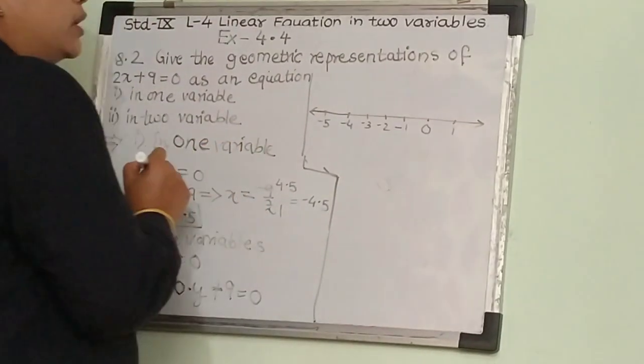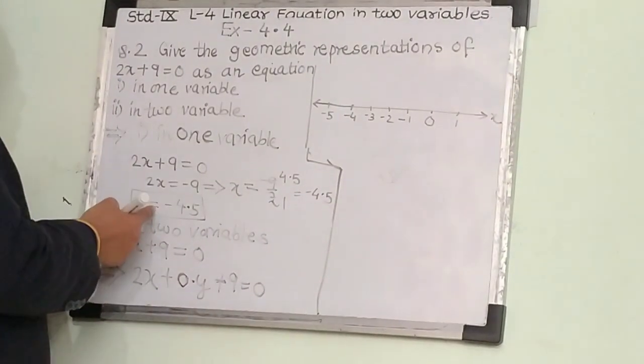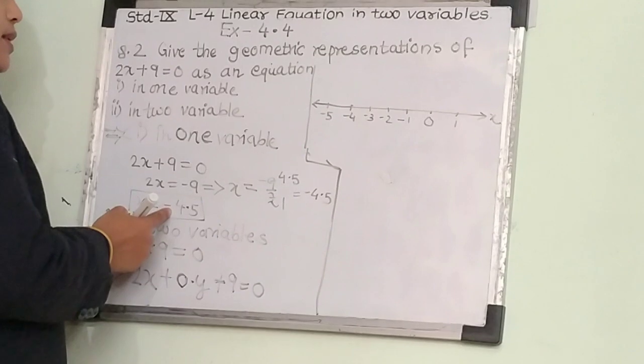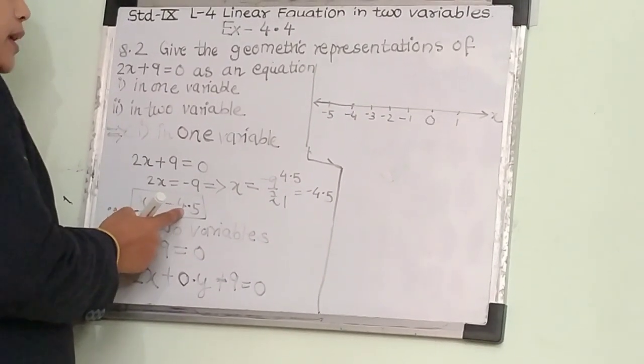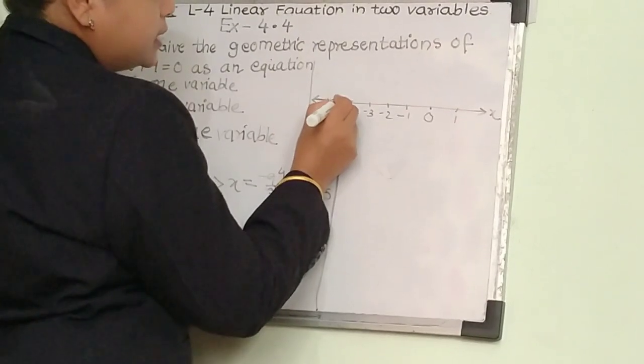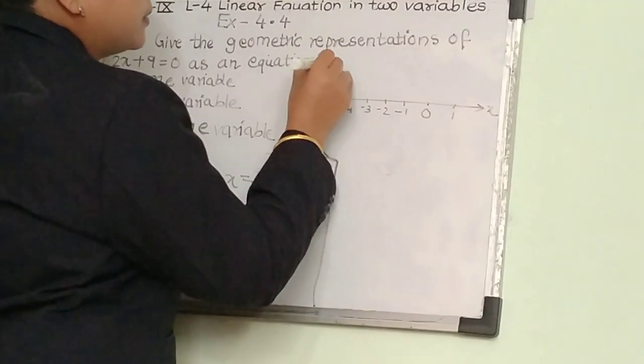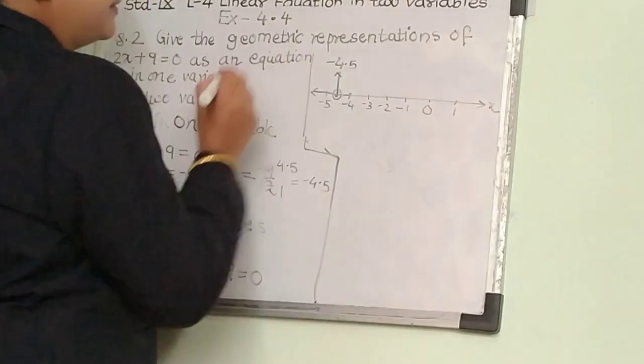So like this we first draw the number line, that is the x axis, for x equals minus 4.5. This number will come on this side. This number is minus 4.5.